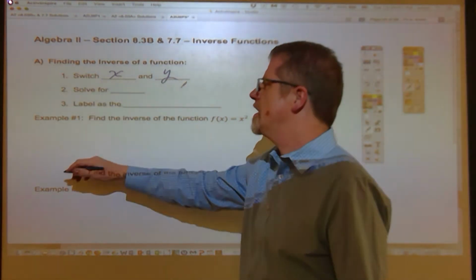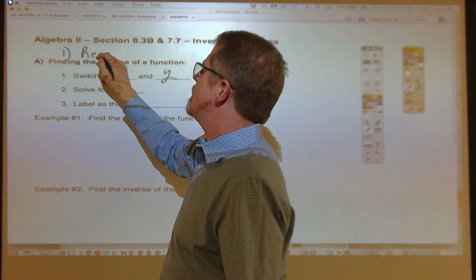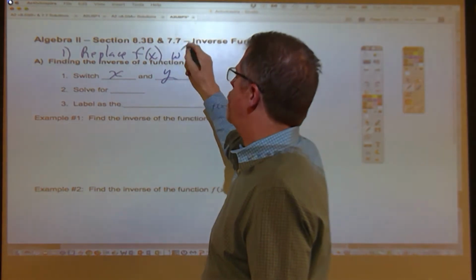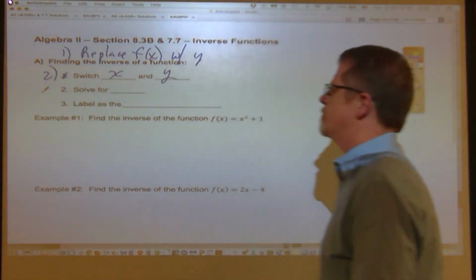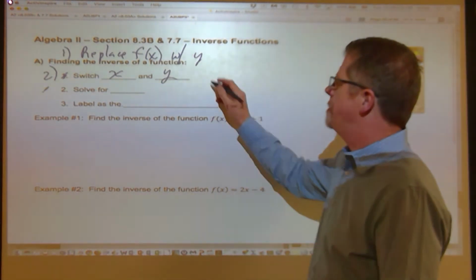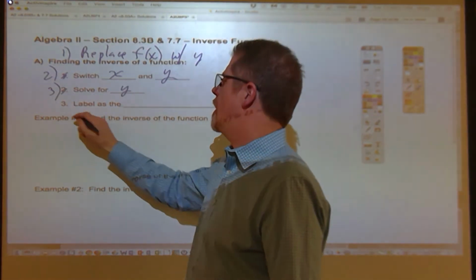We are going to, there's actually 4 steps in this process. Sometimes the first step is done, but let's make step 1 replace the f of x symbol with the y symbol. Then step 2 is to switch x and y. Think of it as x and y trading places. Then the third step is to solve for y.